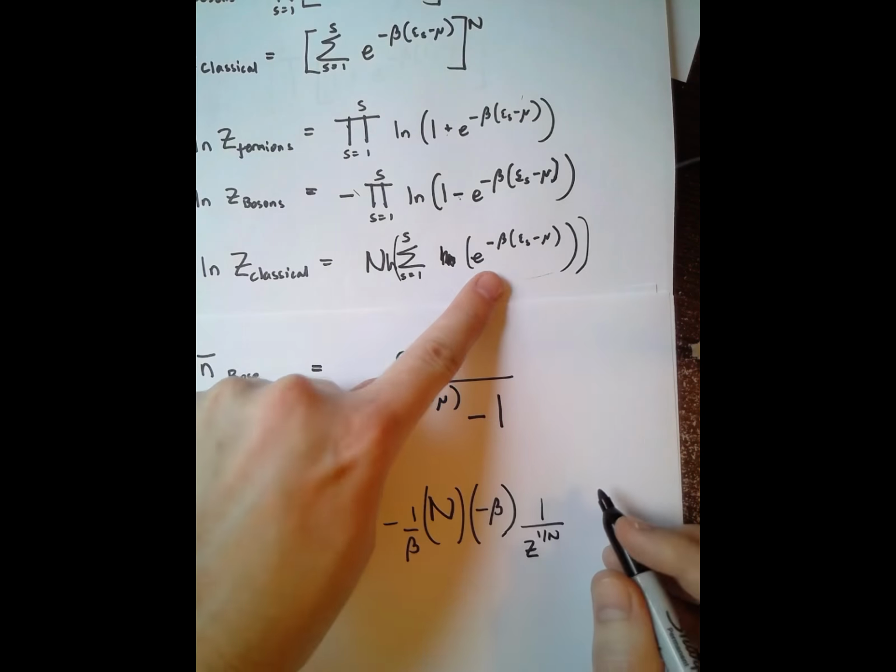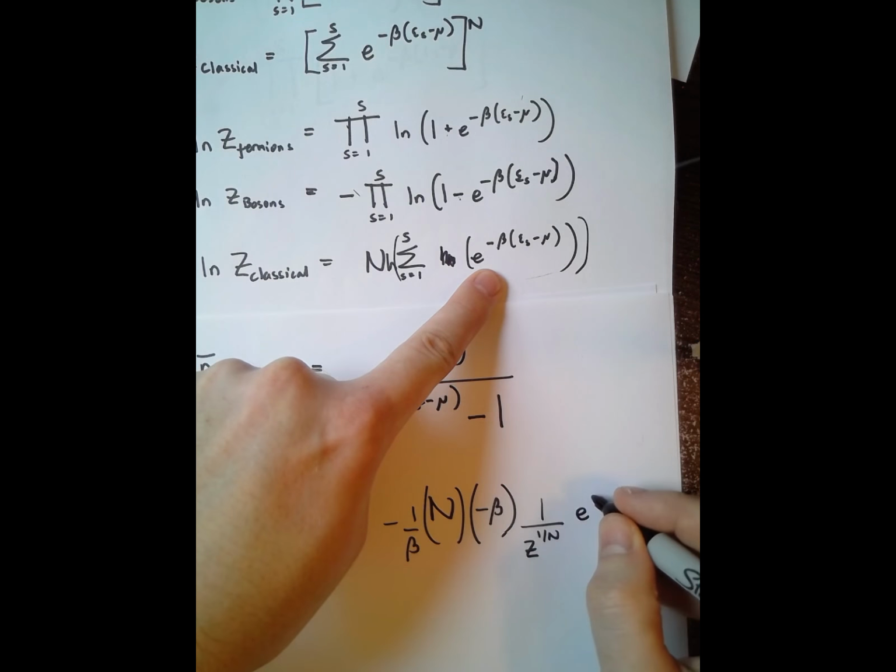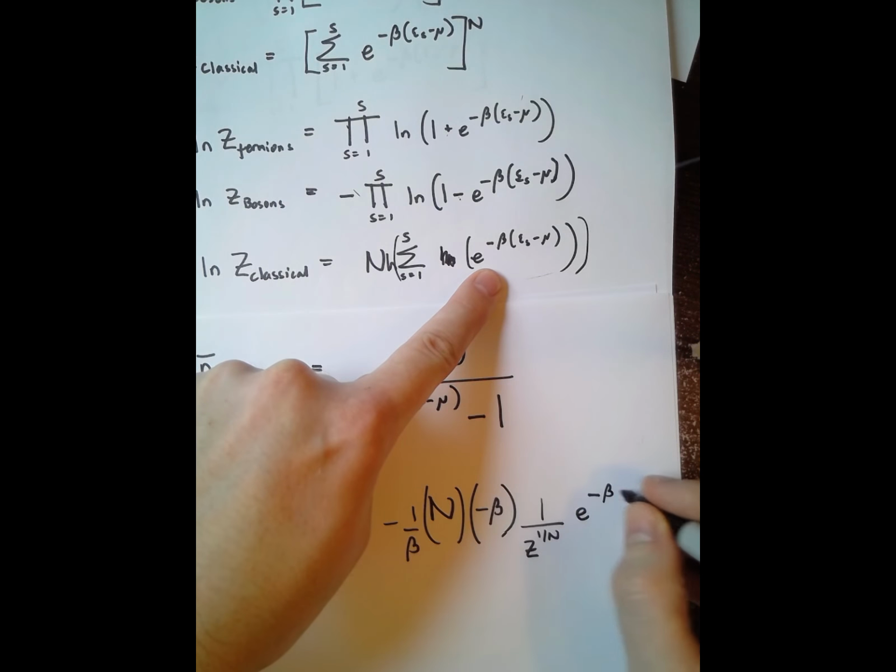And then if I differentiate the content of the sum, I'm just going to get e to the minus beta epsilon s minus mu.